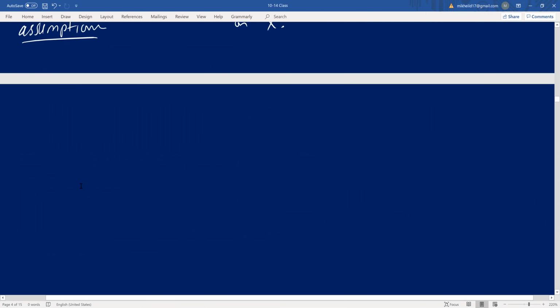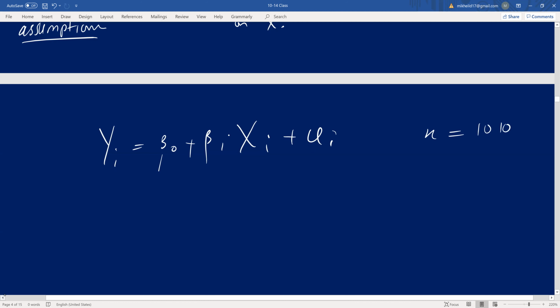Professor, what do you mean by observe UI? Let me explain. So do you remember this? Then it means that if n is, let's say, 1010, then how many values of UI are there? 1010.